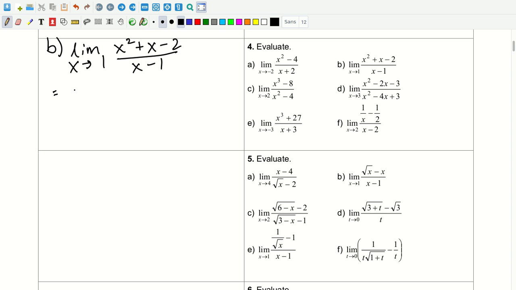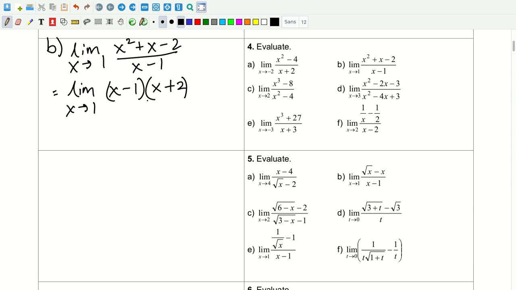And then I could just do direct substitution on whatever's left. So I have to pull out a factor of x minus 1 in the top. So if I've got an x minus 1 factor in the top, I need to figure out what I put here so that I can produce this quadratic if I do FOIL backwards. So I'm going to put x plus 2.